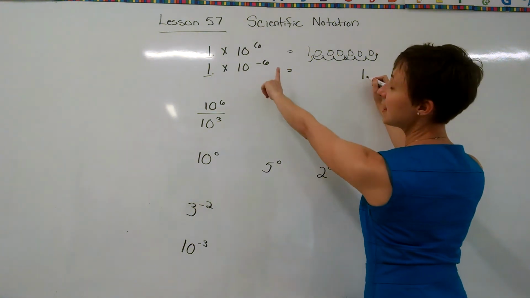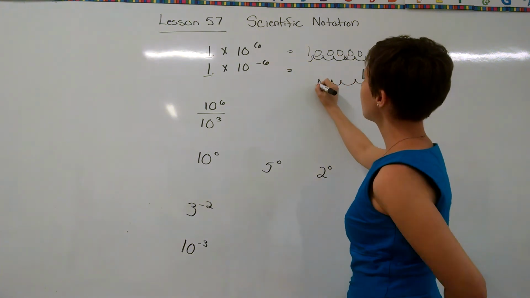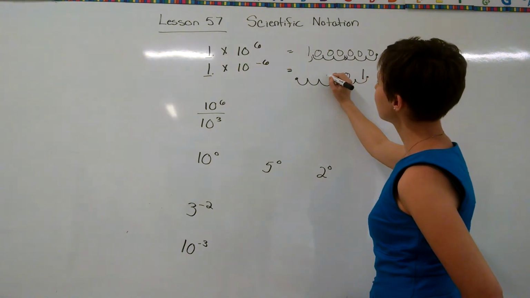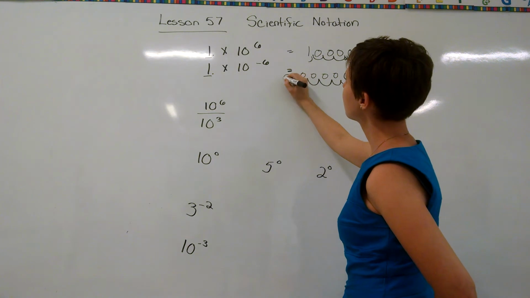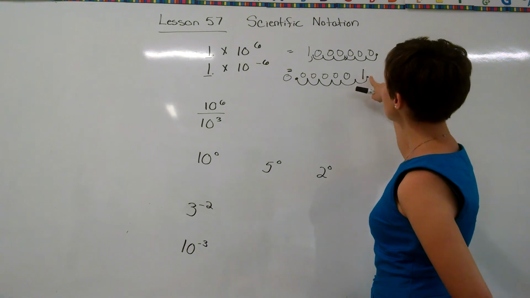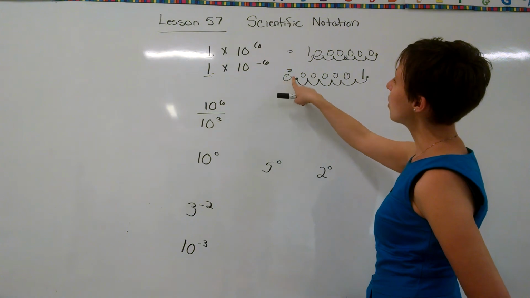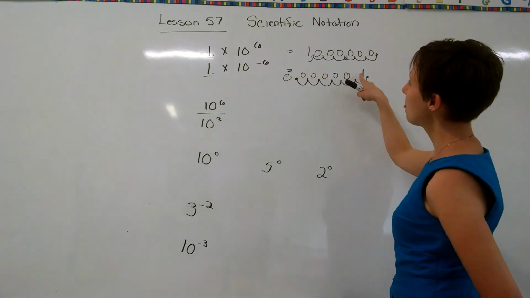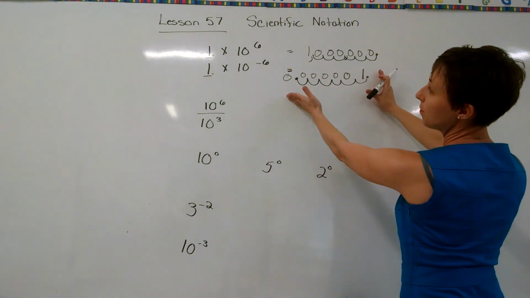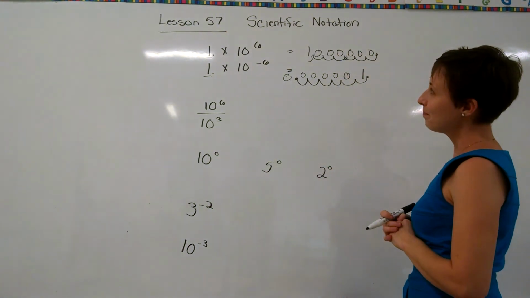That means that I'm going to be moving it this direction. 1, 2, 3, 4, 5, 6. Add in your zeros. Notice I only had to add in 5 zeros to get to the decimal place because my first place that I moved was to move it around the 1. Now I have 0.0000001. One very large number, a million. One very small number. Both of them written in scientific notation and then in standard form.